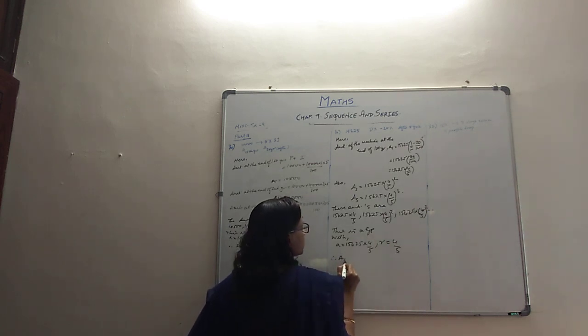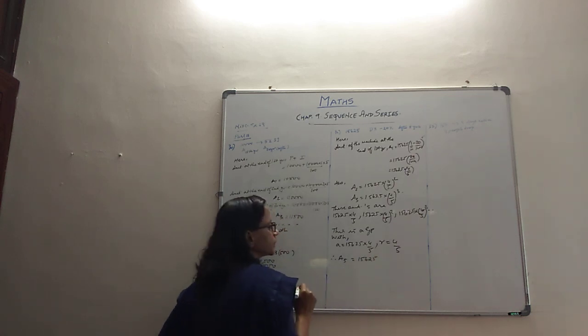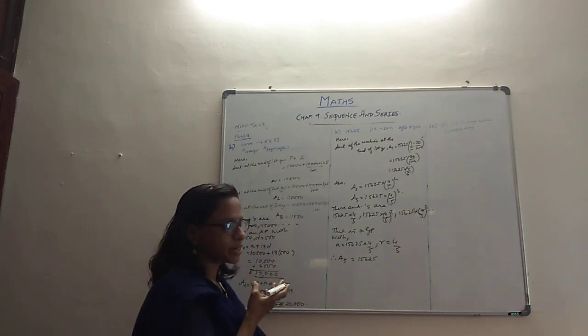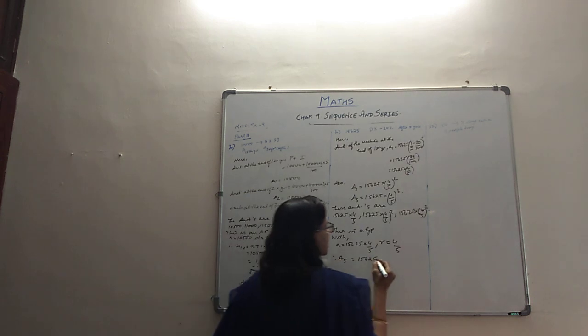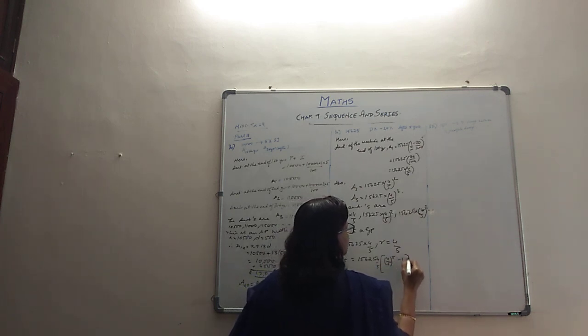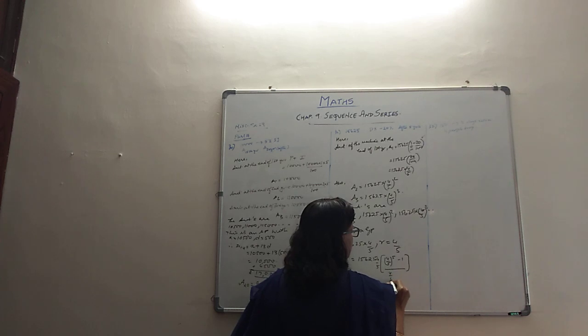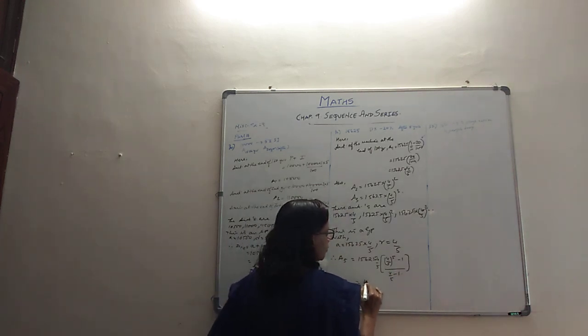Therefore, the amount at the end of the fifth year is going to be 15625. You can use your common sense from here and find out 4 by 5 raised to 5, but we'll technically use A into R raised to N, for us 4 by 5 raised to the fifth year, minus 1 by 4 by 5 minus 1. This is technically, but actually you could have got it directly.